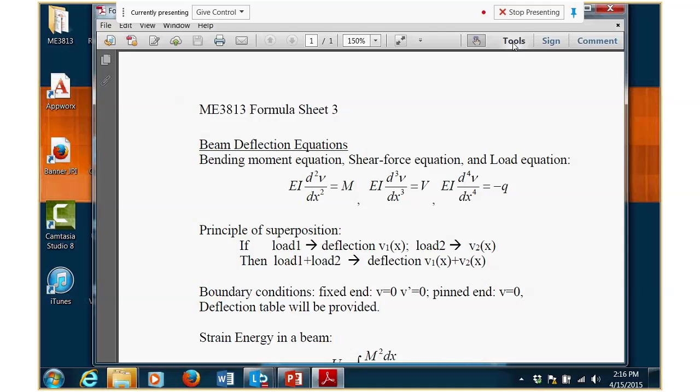And that equation about deflection V. So for any given problem, you can start with these equations and find the deflection by integrating. Depending on the equation, you need to integrate twice, 3 times.